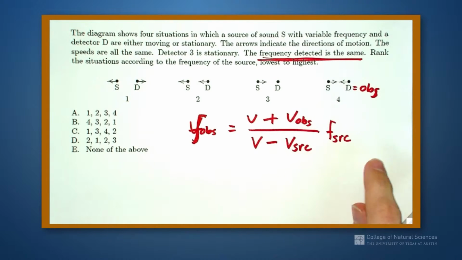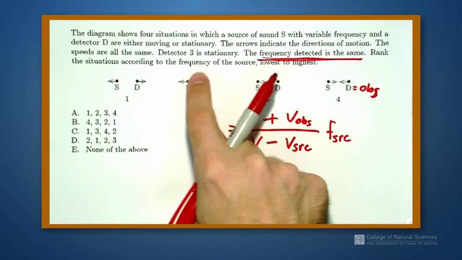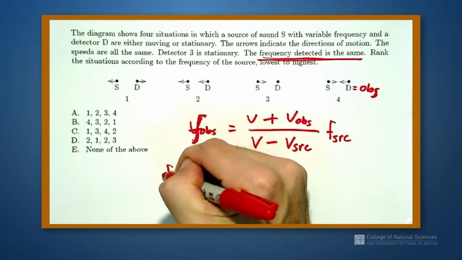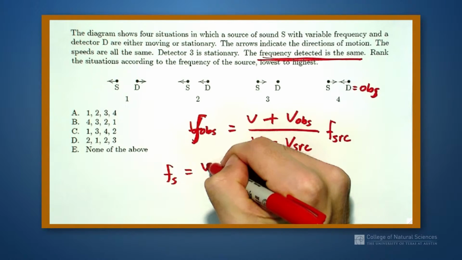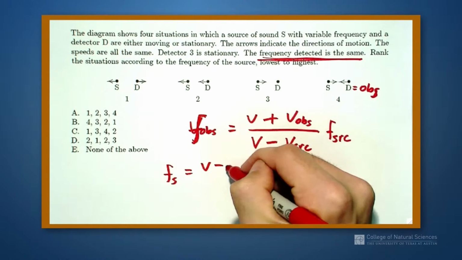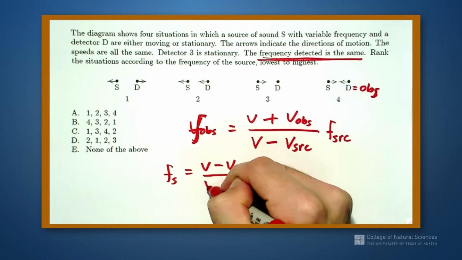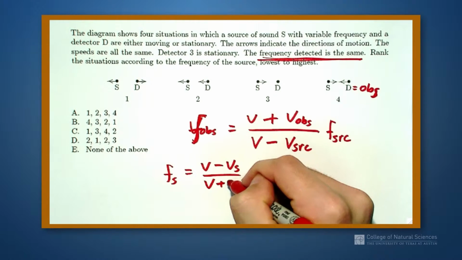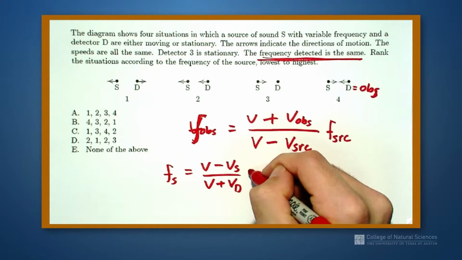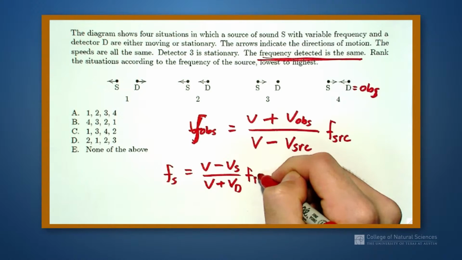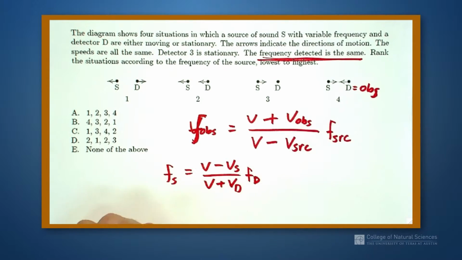So if I rearrange this equation, I want to figure out what the frequency of the source is. So the frequency of the source is equal to the velocity of sound minus the velocity of the source over the velocity of sound plus the velocity of the detector, all times the frequency that we observe at the detector.